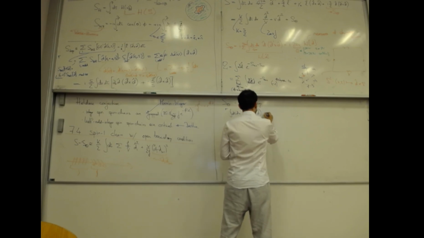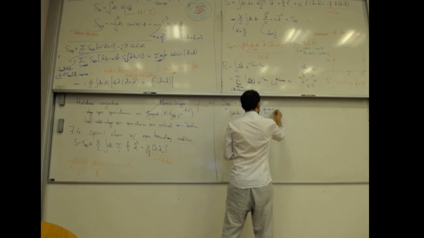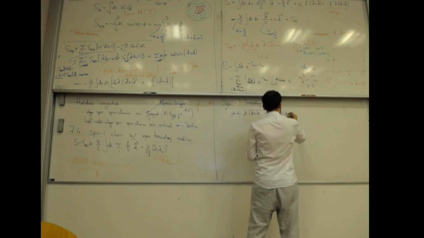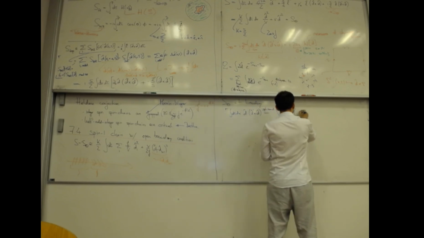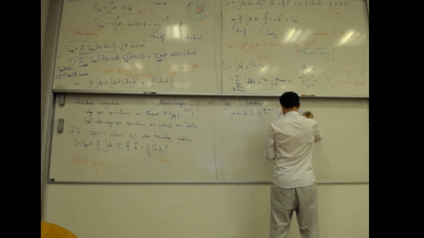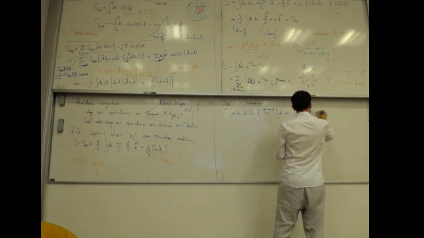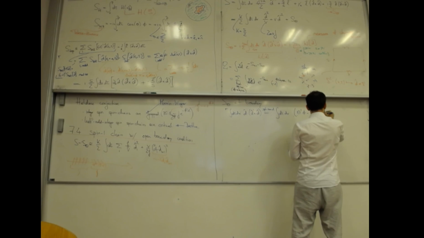When you use spherical coordinates and just plug it in, you find theta prime phi dot minus phi prime theta dot, times sine theta.